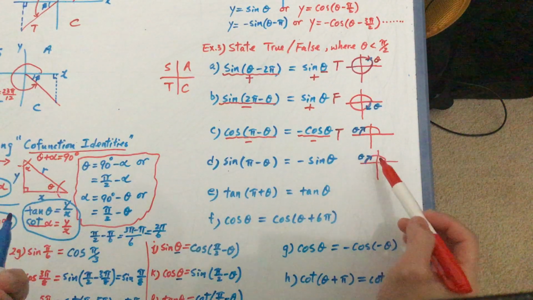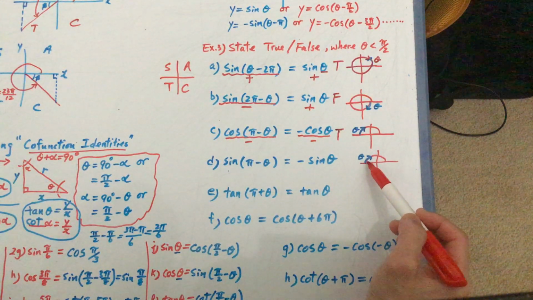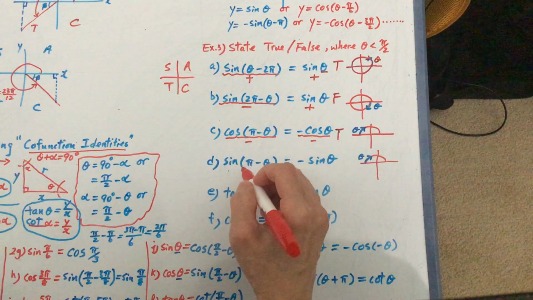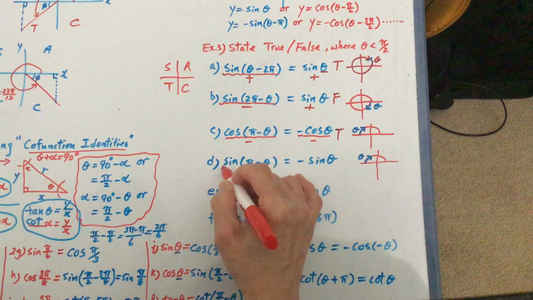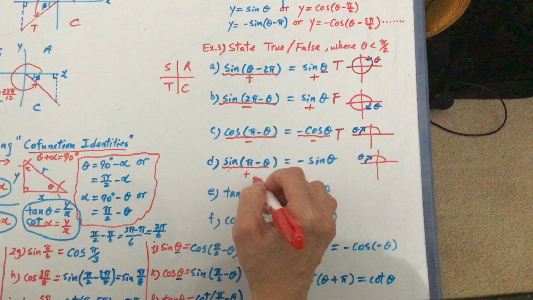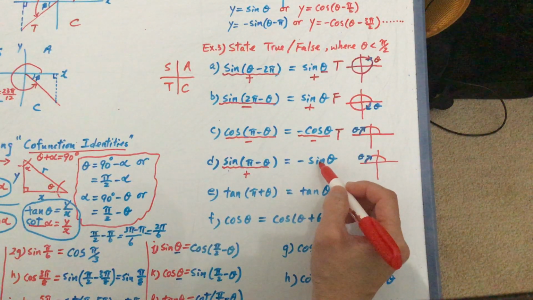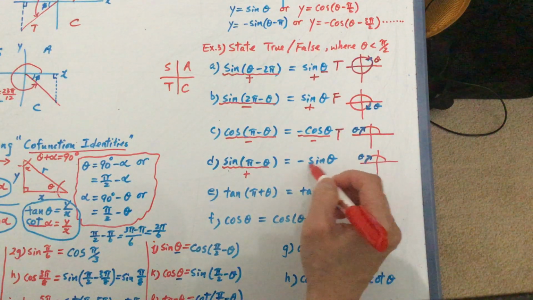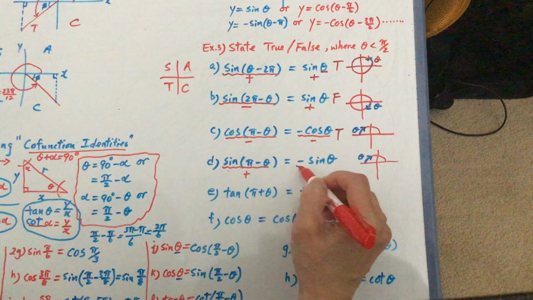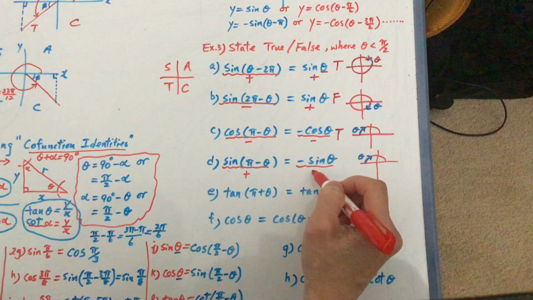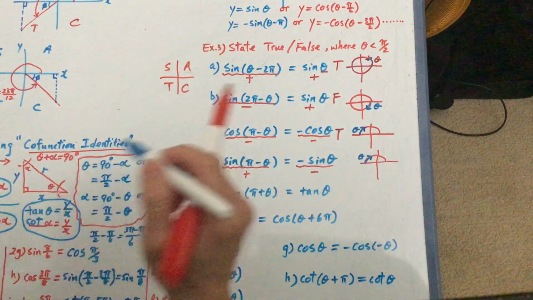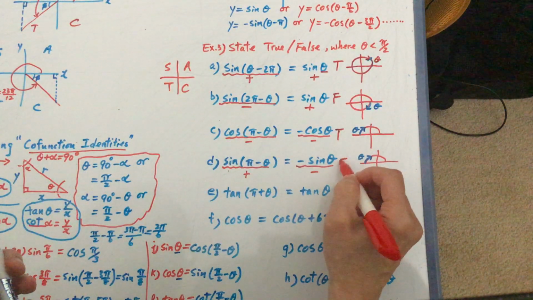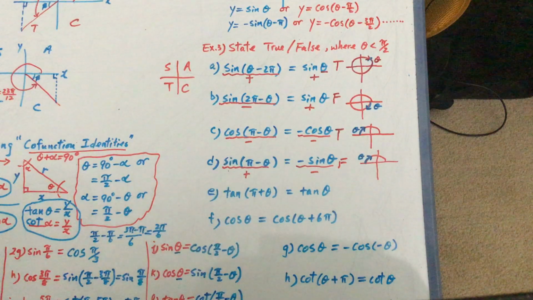So I ended up in quadrant 2 again, but sine in quadrant 2 according to the CAS rule is positive, so this is going to be positive. And think about minus sine theta. Sine theta itself in quadrant 1 is positive, but with the negative, that will give you a negative. So this one, D, is going to be false because the sign does not match.